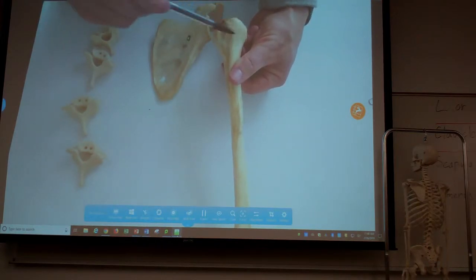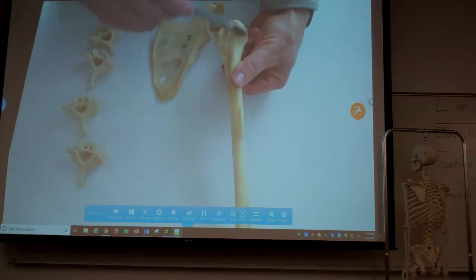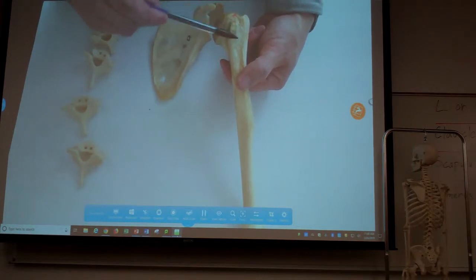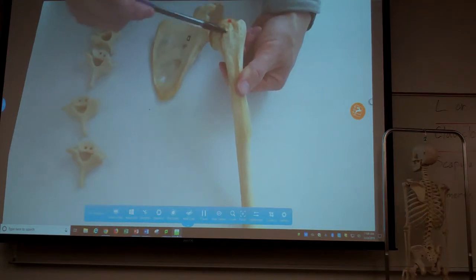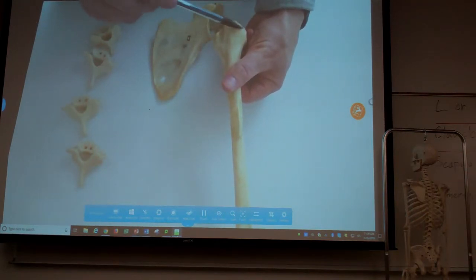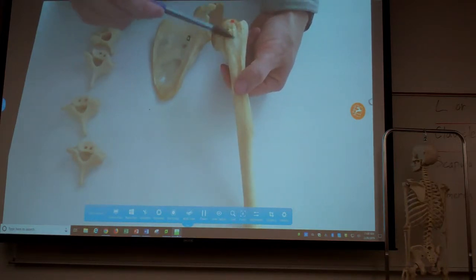Greater tubercle there. This one is smaller, it's the lesser tubercle. One thing to point out: the lesser tubercle is always going to be anterior. So feel free to use that. So again, tubercles, not trochanters, my apologies. Greater tubercle, lesser tubercle.